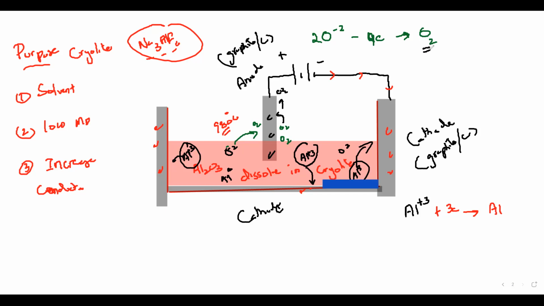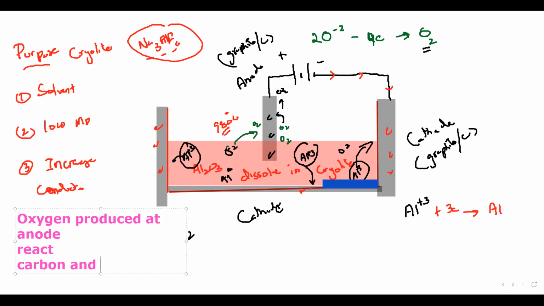So the oxygen which is produced here will further react with carbon. The oxygen produced at the anode reacts with carbon and forms carbon dioxide.